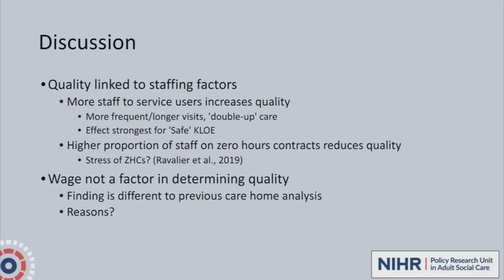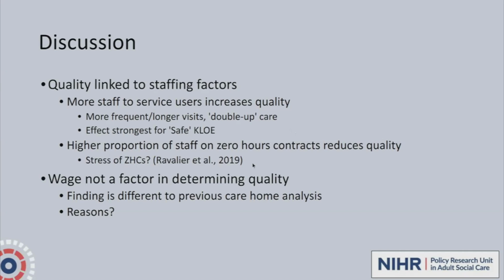And then we find that wage is not a factor in determining home care provider quality. This finding is different to the previous care home analysis. We have a few potential reasons for why that might be, that I won't dwell on just now, but maybe we can get into them in the discussion.